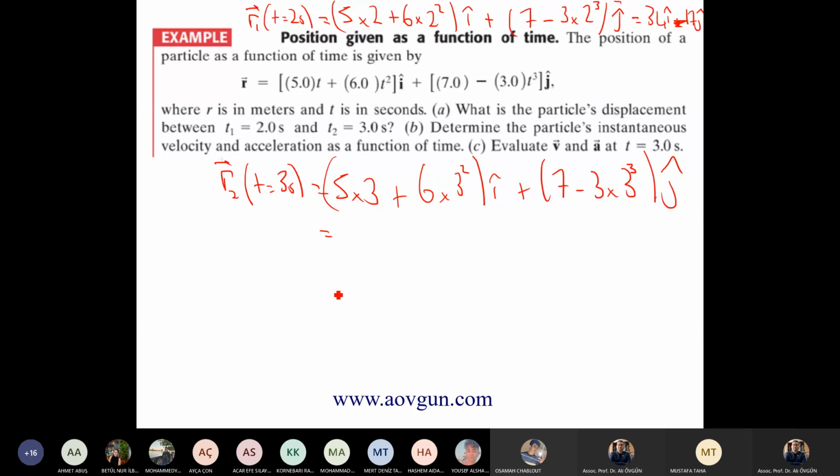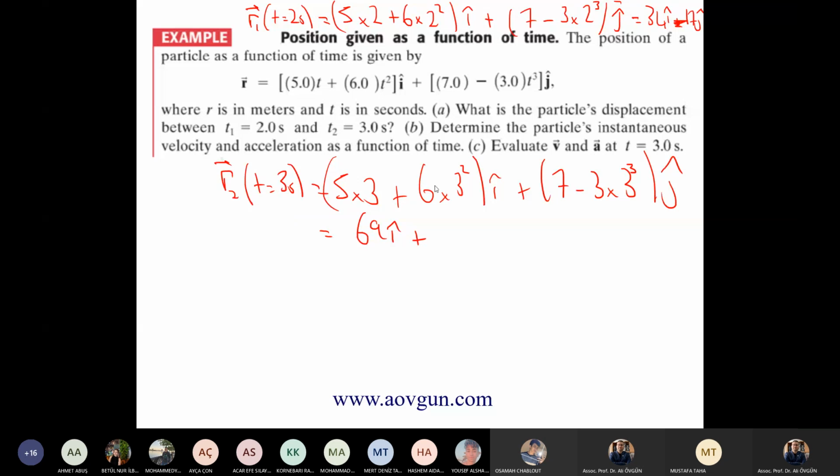So let's calculate it. 5 times 3 is 15, plus 6 times 9, that is 69 i hat.